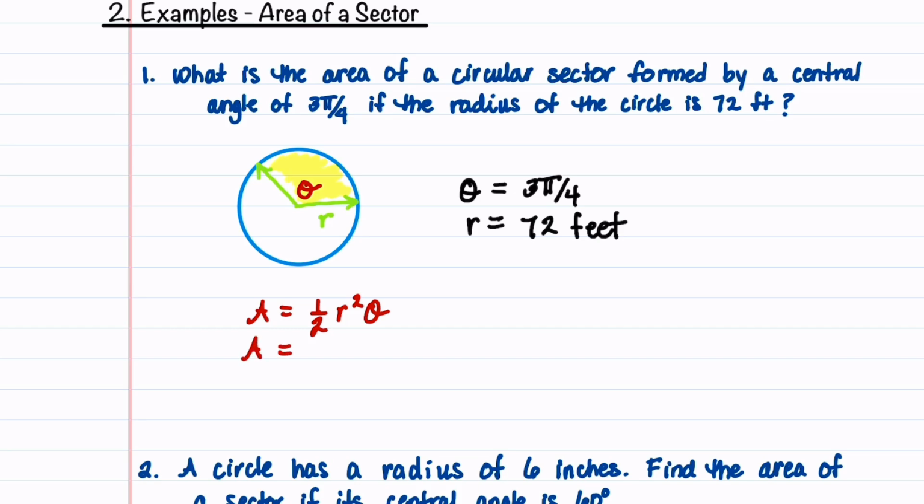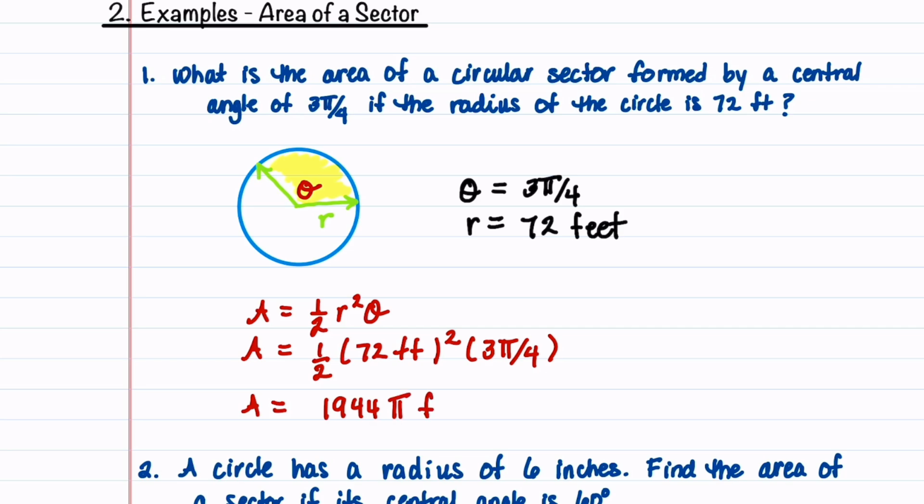And now we can plug in our values. So we have 1/2, we plug in r is 72 feet, and include the units there. And then our theta is 3 pi over 4. Our theta is already in radians, so we don't have to convert it. So we can multiply these numbers out with our calculator, and we end up with 1944 pi feet squared, which is called square feet.